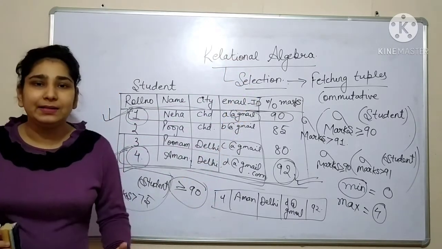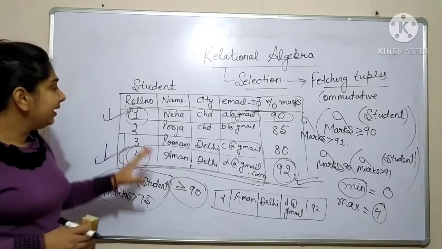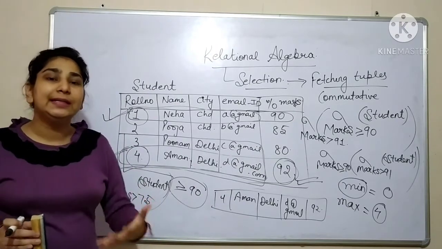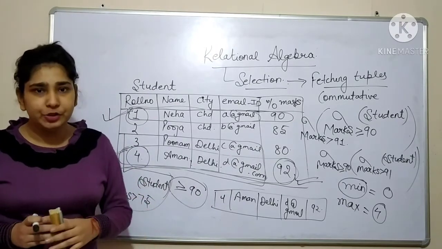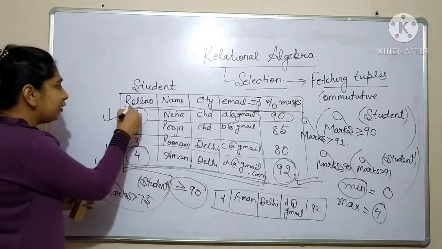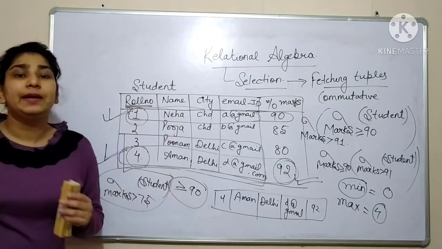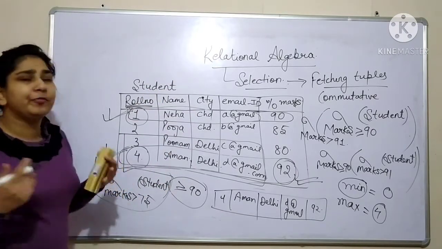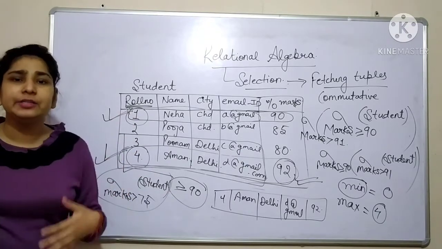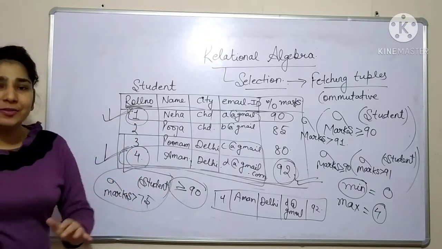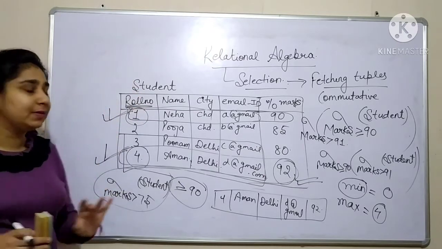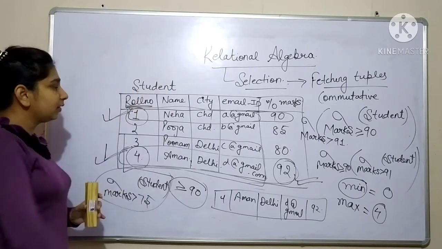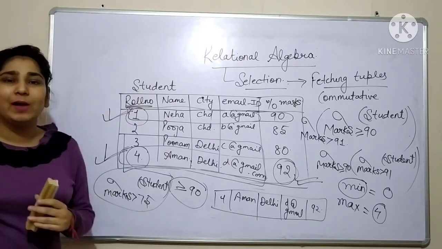All of the queries that you will be performing in your relation would be done on the basis of the candidate key of your relation. So in this, if you look at, roll number is my candidate key. If I have to fetch the detail of any student, I would be fetching their detail with the help of the roll number. So how will I be performing my queries?